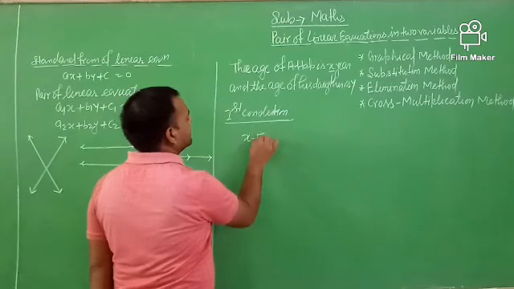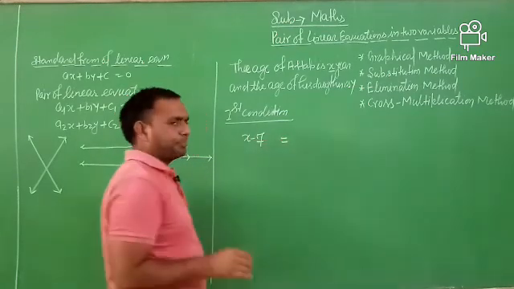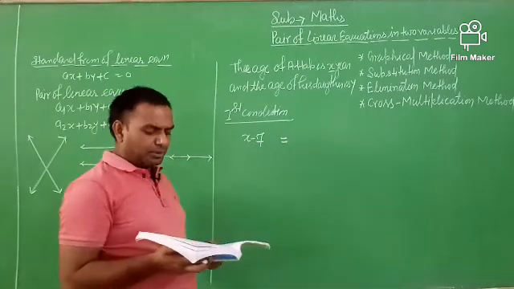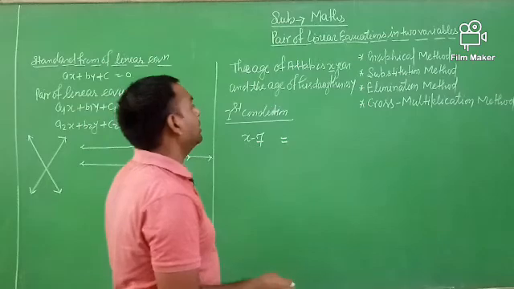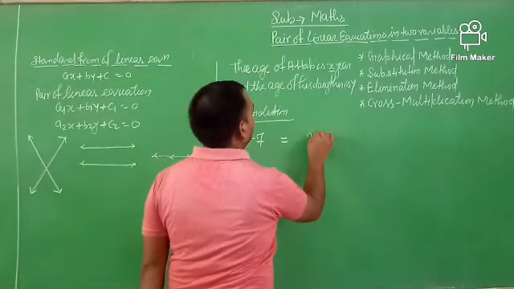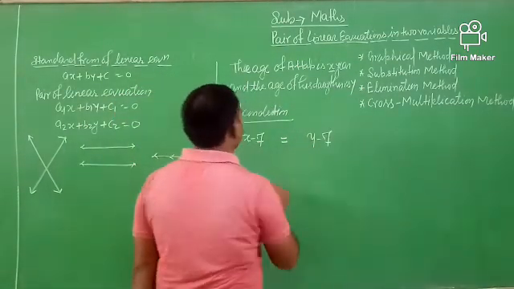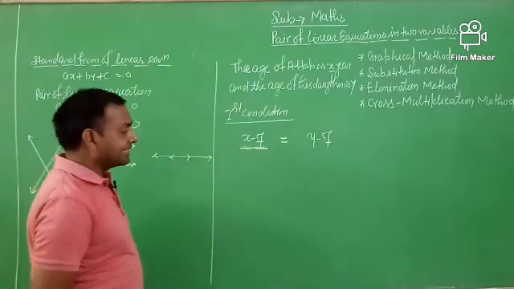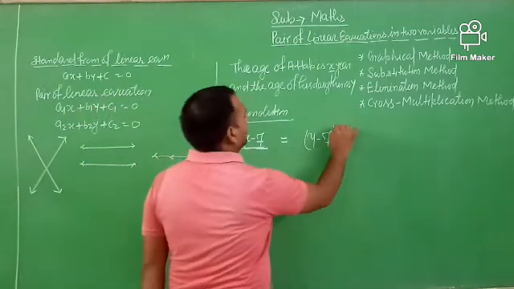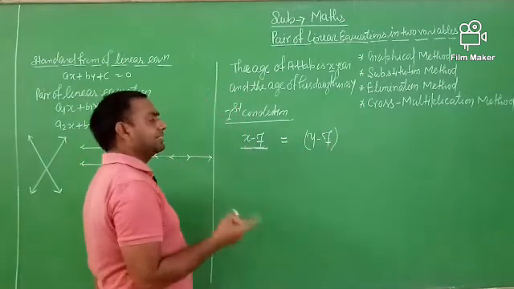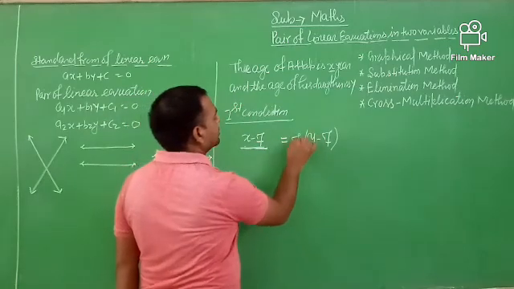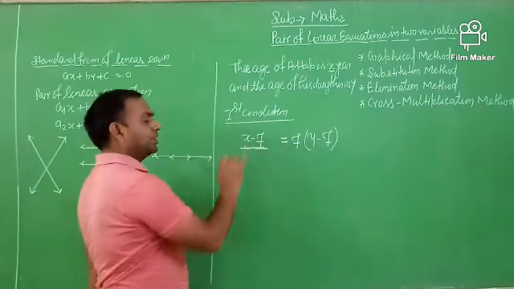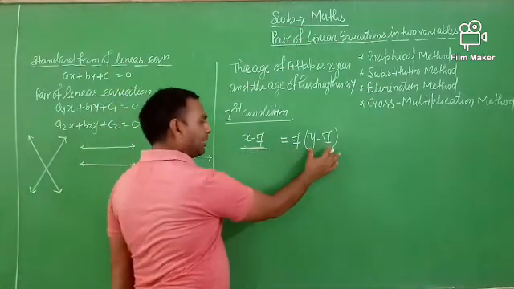It means x minus 7 is equal to, since 7 years ago I was 7 times as old as you were then, you also take the age of his daughter, y minus 7. So this is the age of Altaf 7 years ago, which is 7 times the age of his daughter, y minus 7. So I multiply it with 7. Both ages are equal because this age is 7 times that age.